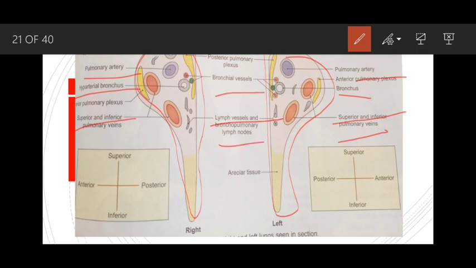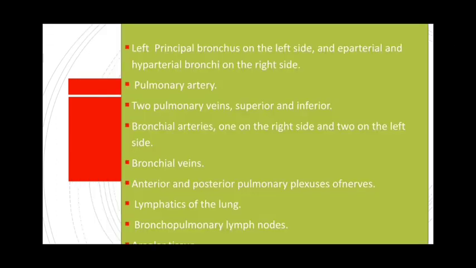It contains the principal bronchus on the left side, and eparterial and hyparterial bronchi on the right side. One pulmonary artery, two pulmonary veins, superior and inferior, bronchial artery, one on the right side and two on the left side, bronchial vein, anterior and posterior pulmonary plexus of nerves, lymphatics of the lungs, bronchopulmonary lymph nodes and areolar tissue.